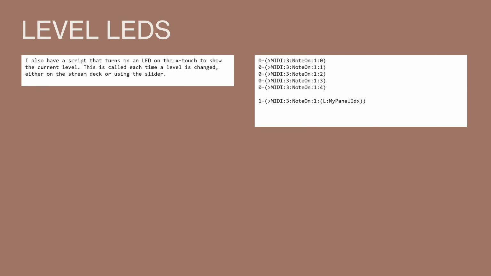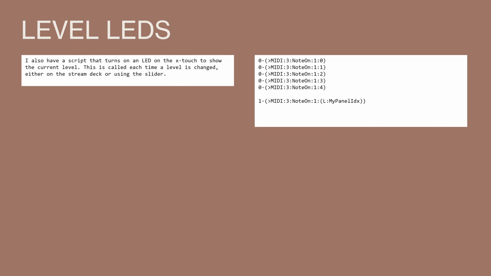I said I've got the LEDs on the buttons, the actual soft buttons, light up when I change levels. So if I change level, I turn off all the buttons I'm using, then turn on the one for the level that we're at. If I'm in level index 0, the first button will light up.